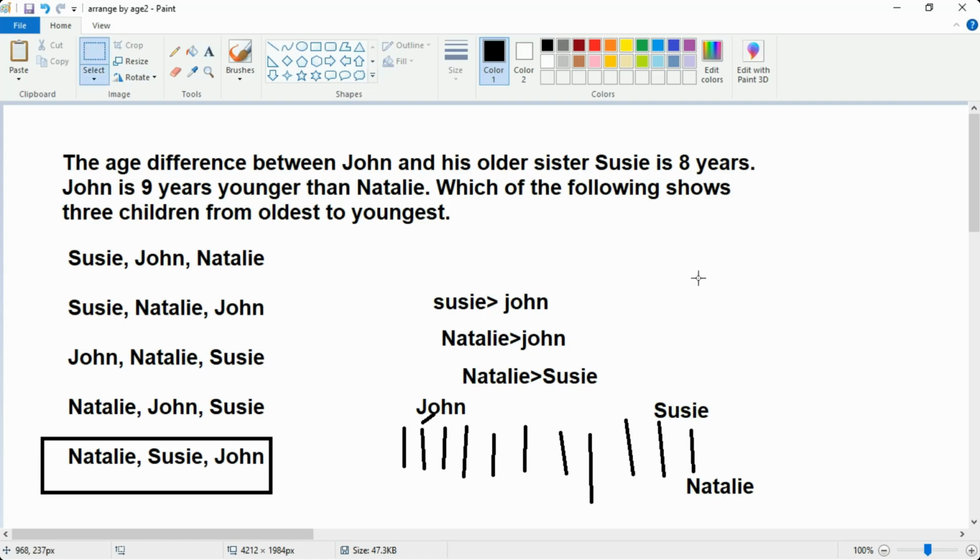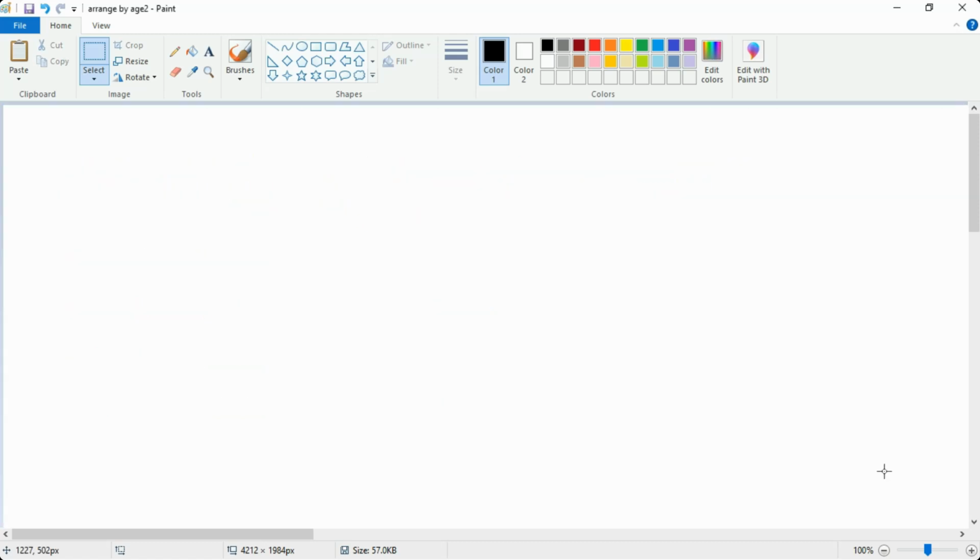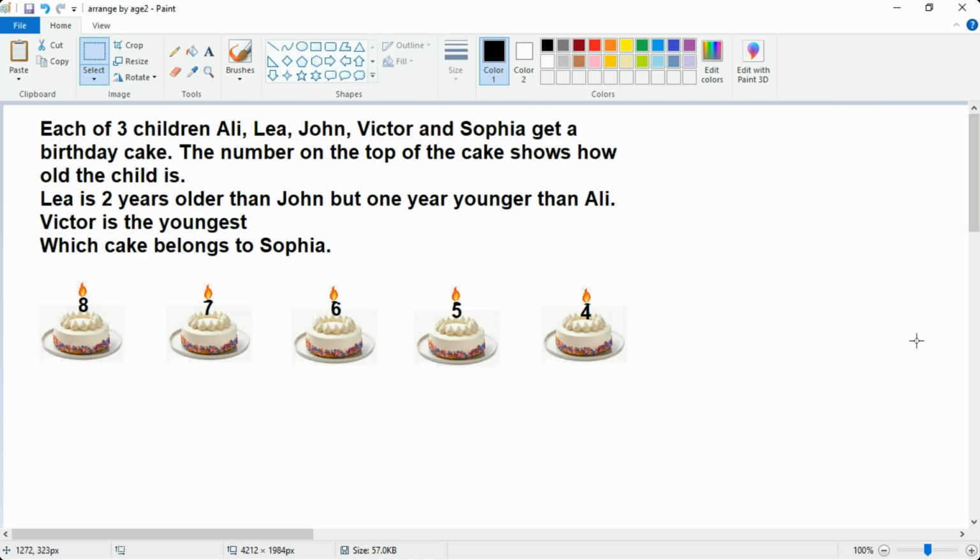And now I will go to another problem in a similar fashion. So let me just copy that problem here. There's a problem that says each of three children, Ali, Leah, John, Victor, and Sophie, get a birthday cake.